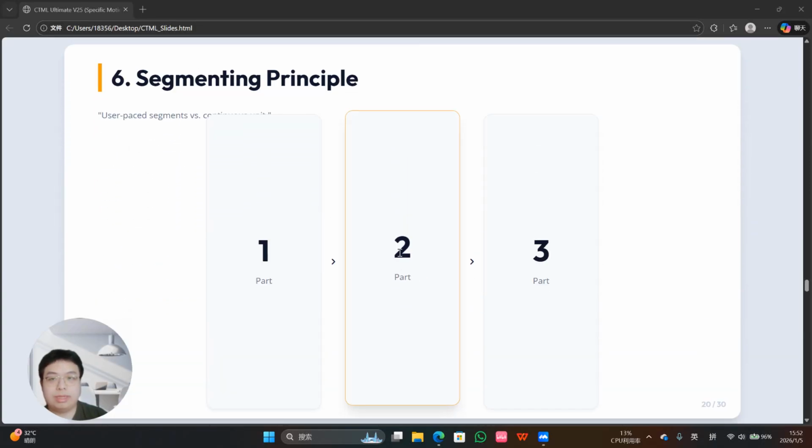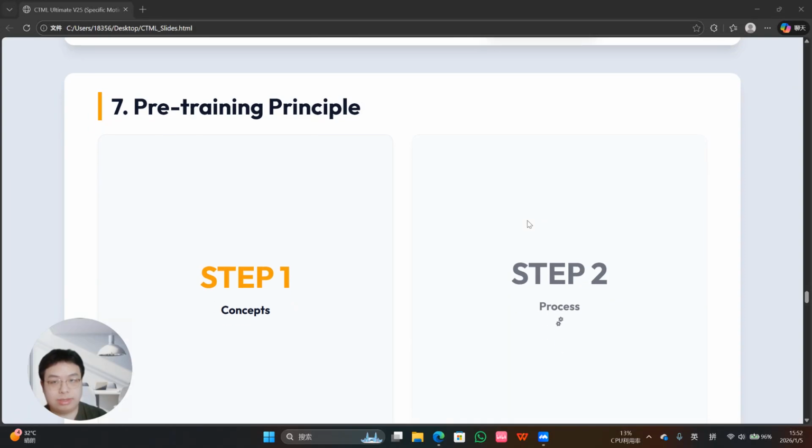And the next one is the segmenting principle. For long videos, chop them into small chunks like part 1, part 2, part 3, allowing users to press pause and control their own pace. Okay, now let's look at the next one, the pre-training principle.